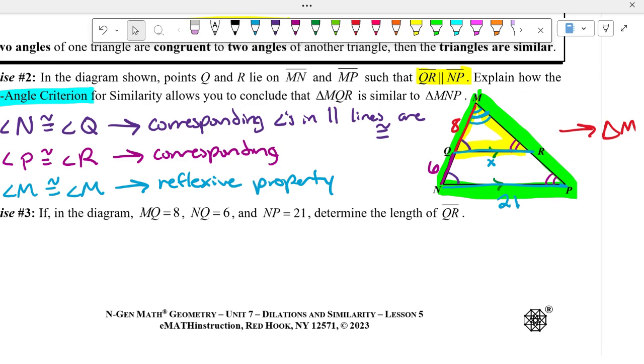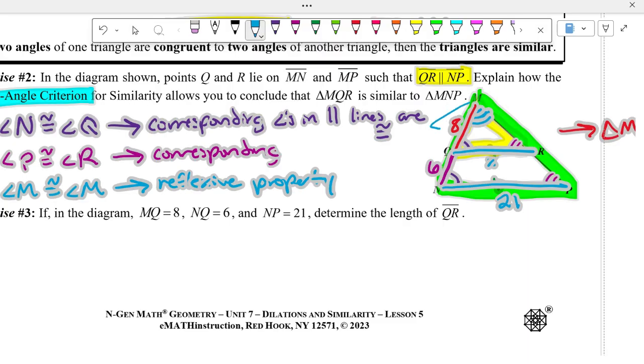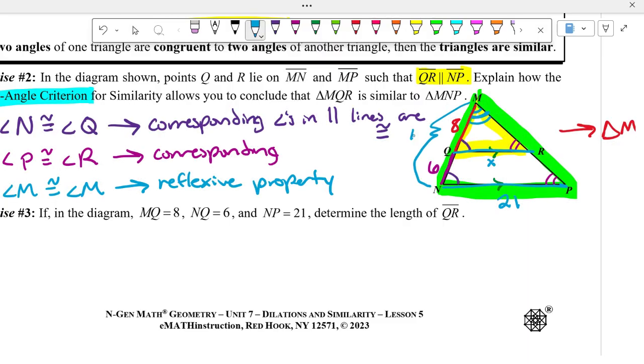The corresponding side would be MN. However, do we not have enough information to find MN? We do, because if you look, we got pieces of that segment. We got the first piece, which is 8, and the second piece, which is 6, and we just add those together to get MN. So what's actually the length of MN? 14. So the length of the whole side is 14.